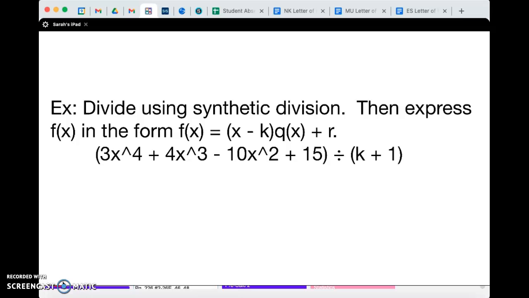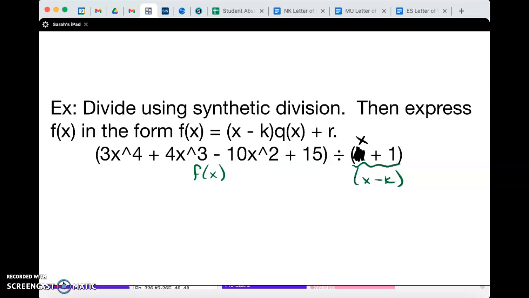This was supposed to be an x right here. So this piece is represented by f of x, this is acting as the x minus k portion, and I need to figure out what q of x is and what the remainder is.